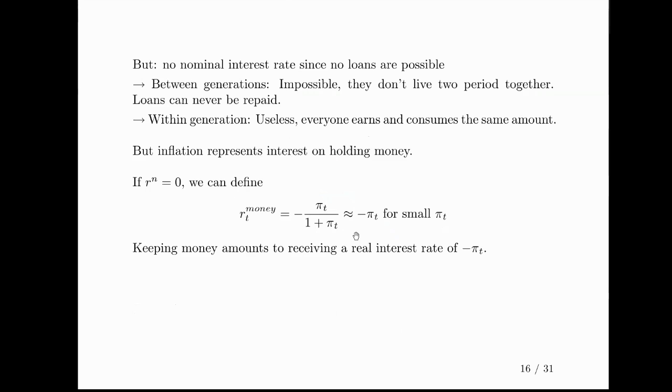If I have positive inflation, it's like putting money in the bank, but instead of giving me a bit more than what I put in when I open my bank account, the bank takes away some of it, because inflation took away part of my purchasing power. So there's this equivalence between r_T on money and minus inflation. And remember this formula. It might be useful for you in the quiz.